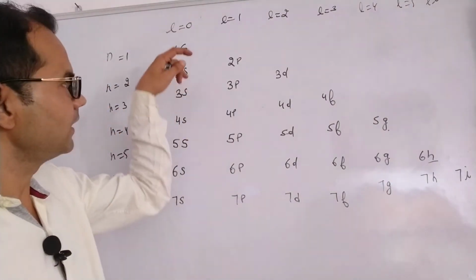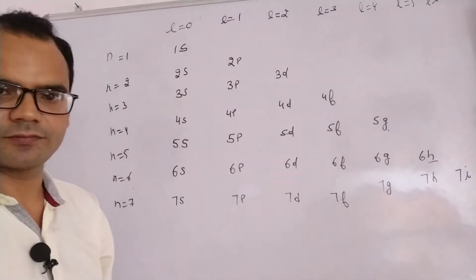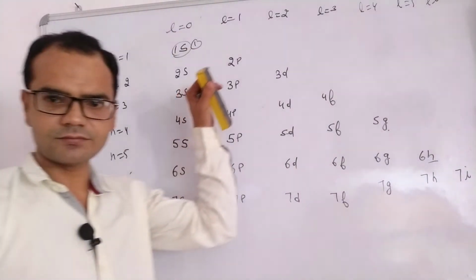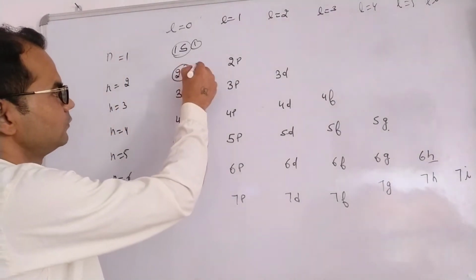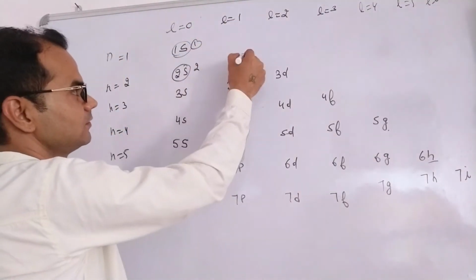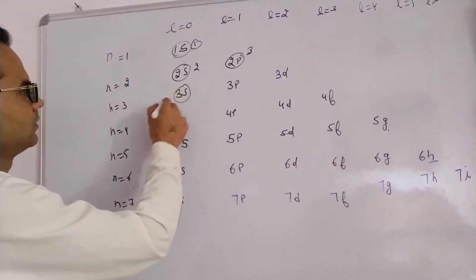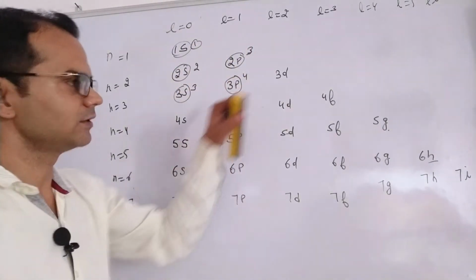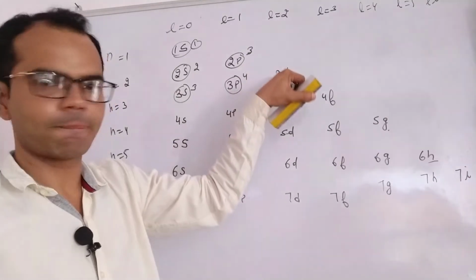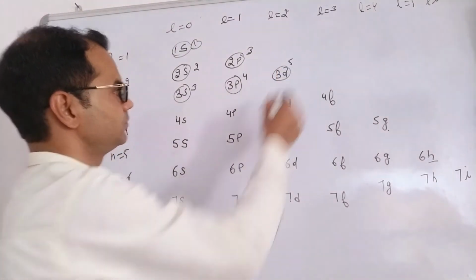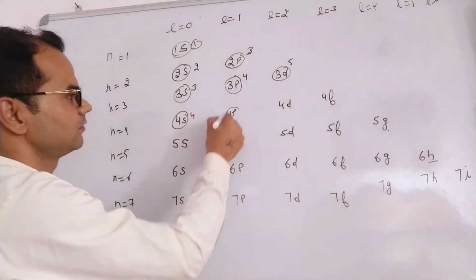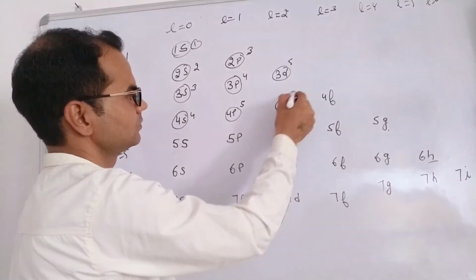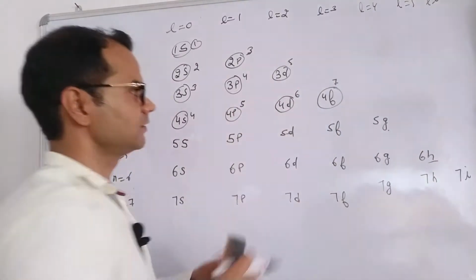Let's add the values of N plus L. For this we have 1 plus 0, 1. Here we have 2 plus 0, 2; 2 plus 1, 3; 3 plus 0, 3; 3 plus 1, 4; 3d, 3 plus 2, 5. Again here 4; 4 plus 1, 5; 4 plus 2, 6; 4 plus 3, 7.